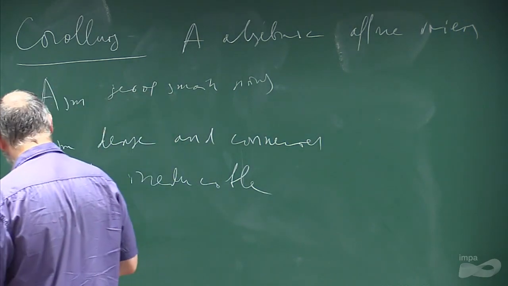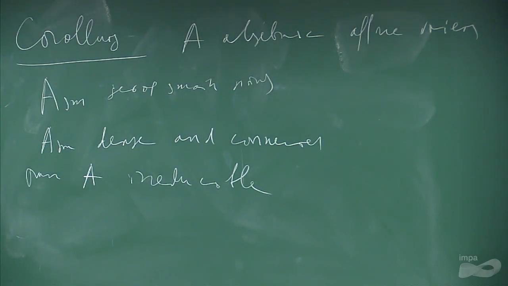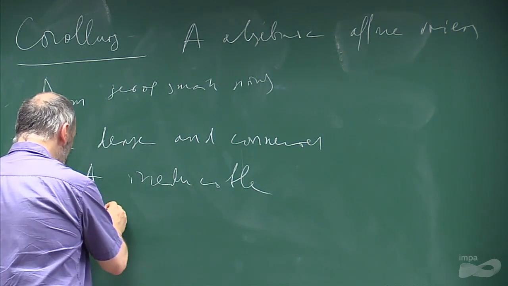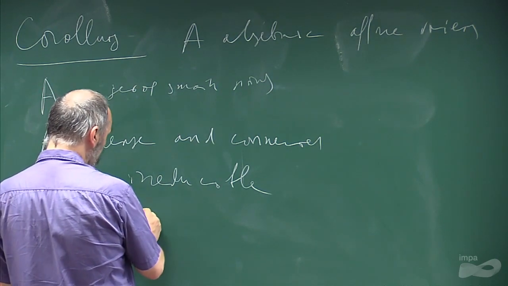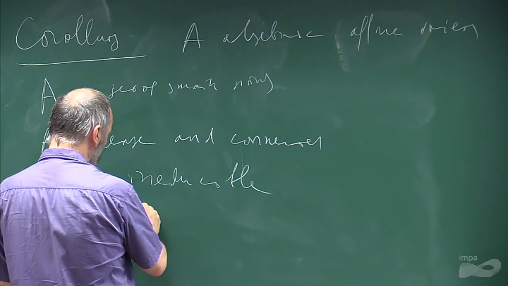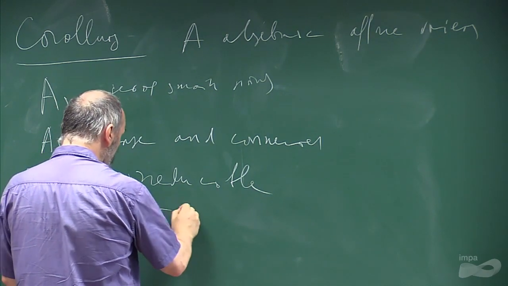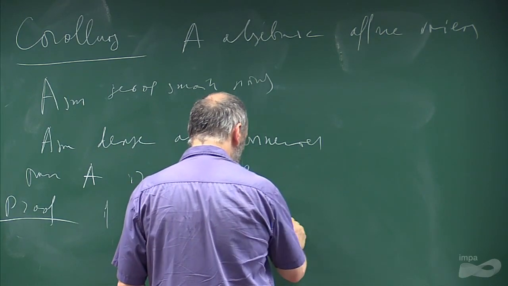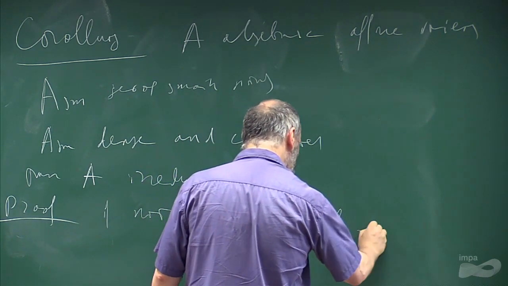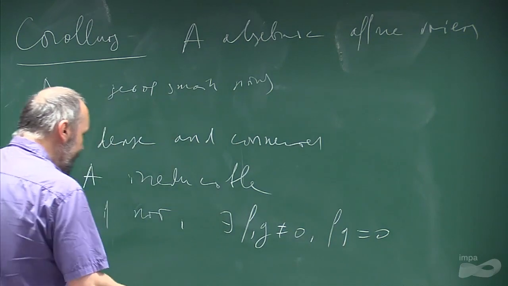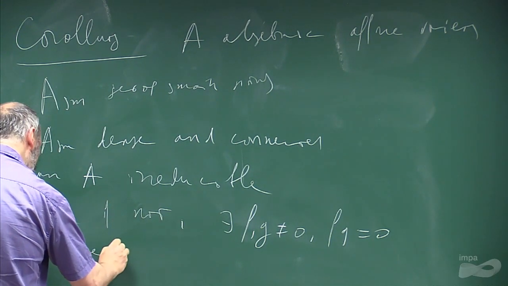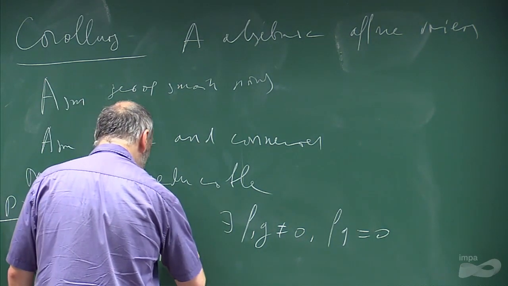So this is a good criterion for irreducibility. The proof is easy. Suppose not. Then there exist f, g which are non-zero, but fg is equal to 0. And then the same is true on A smooth.